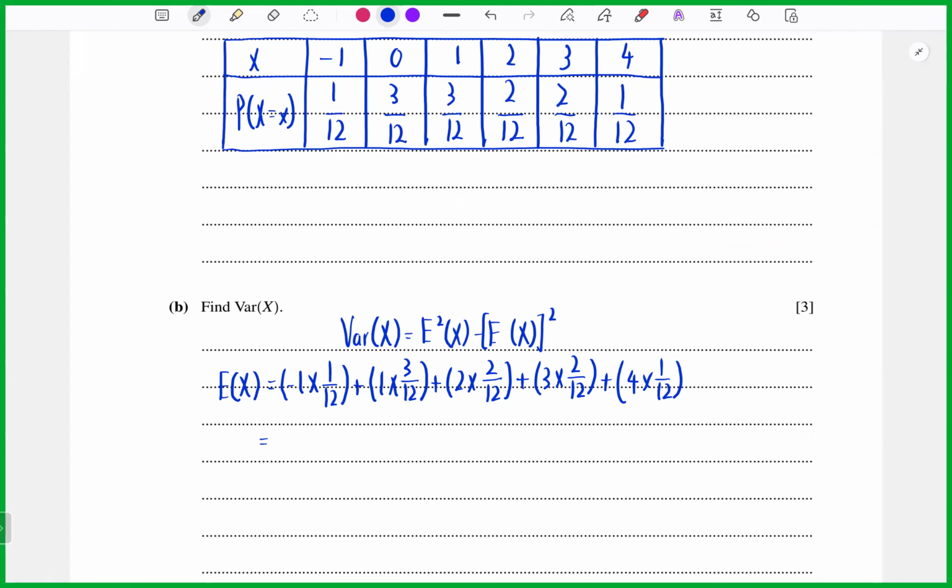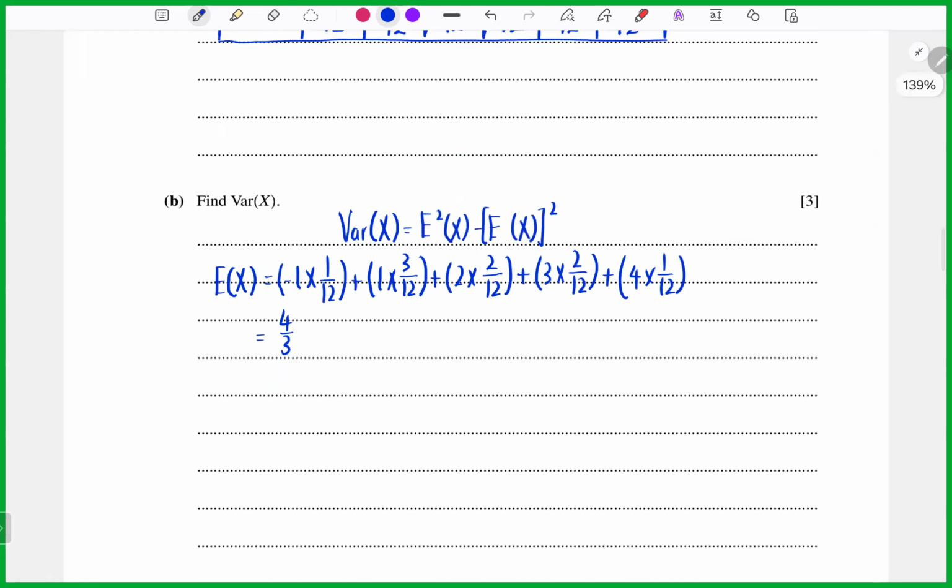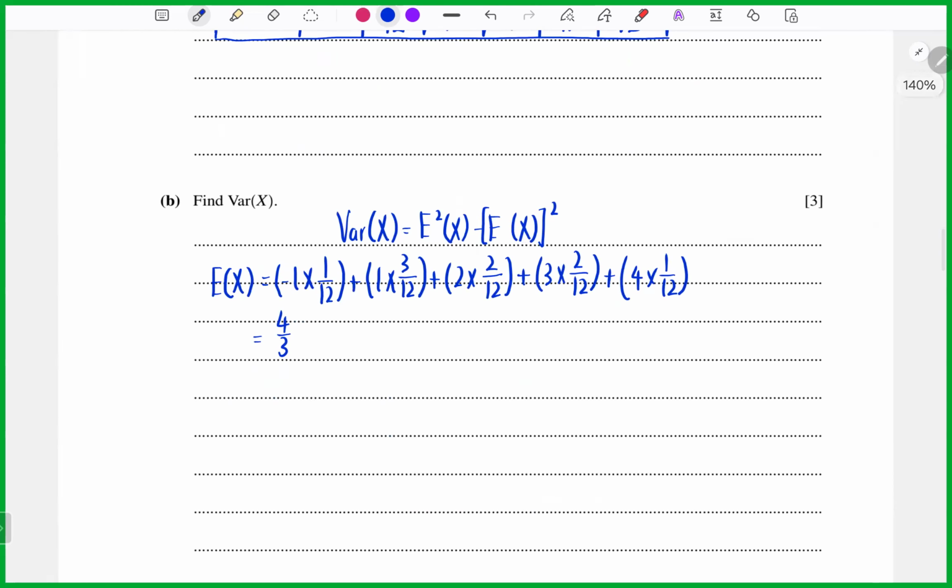So you will get the value equals 4 over 3 here. Now you can try to find out the value of the variance.